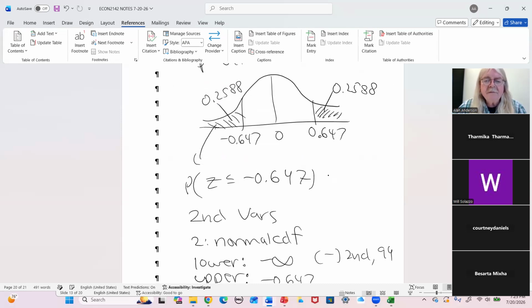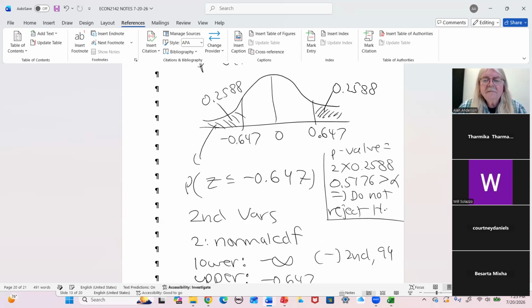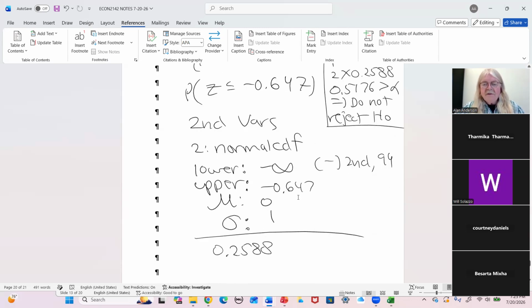So the actual p-value is two times that, or adding them together, 0.5176, which is well above alpha, so we do not reject the null. Wow, that was a lot of reviewing.